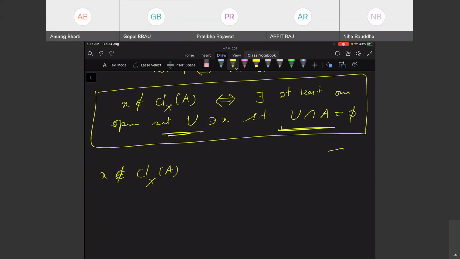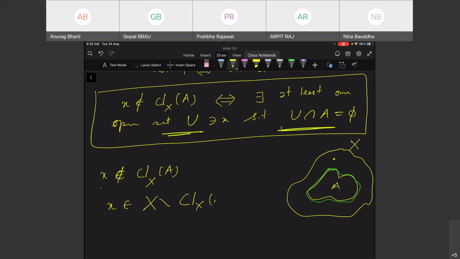Suppose this is X. Here you have A. You are saying x is not in closure of A. Suppose this green part is closure of A, because closure of A contains A. And you are saying that this x is not in closure of A. So this means x is somewhere here, outside this closure of A. So x belongs to X minus closure of A.